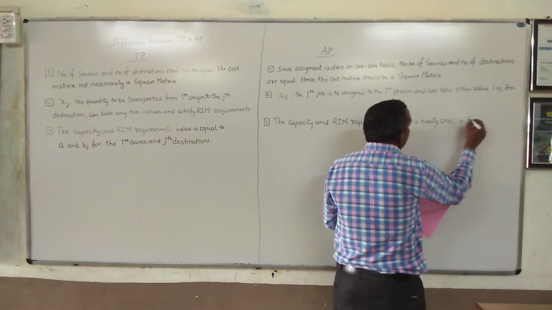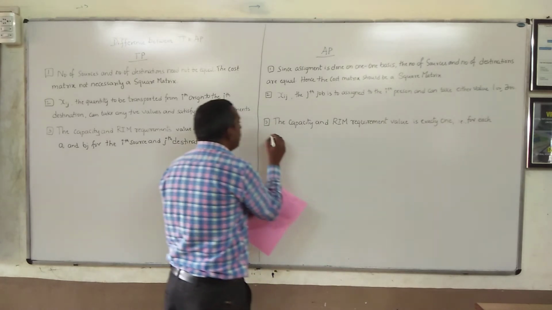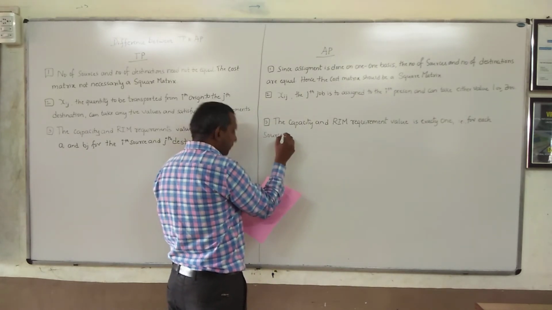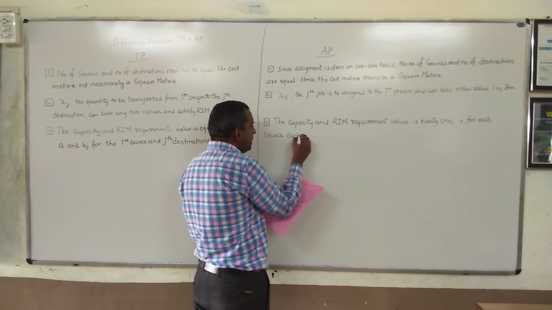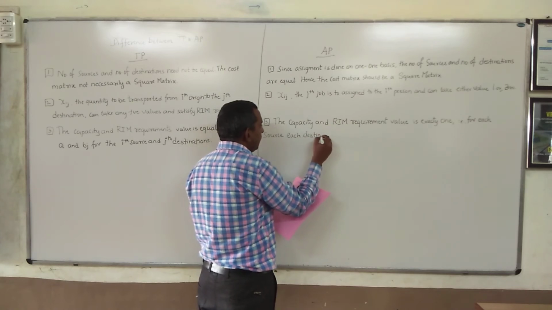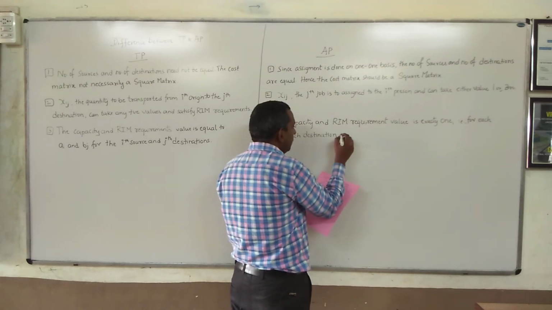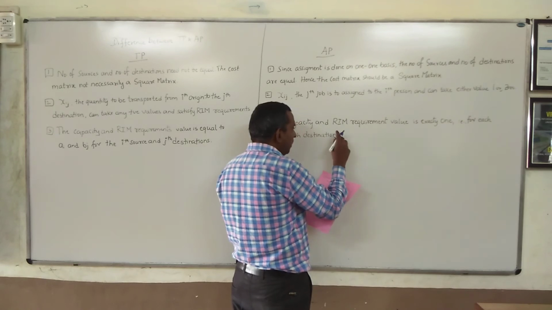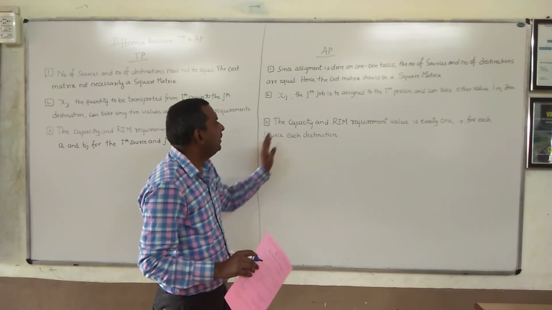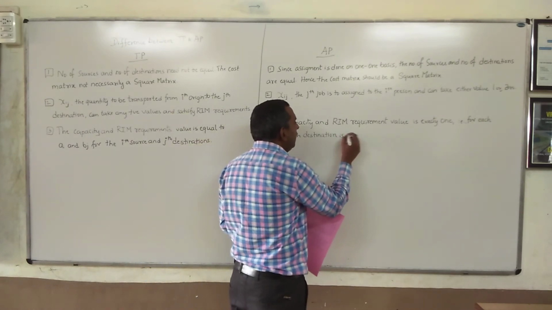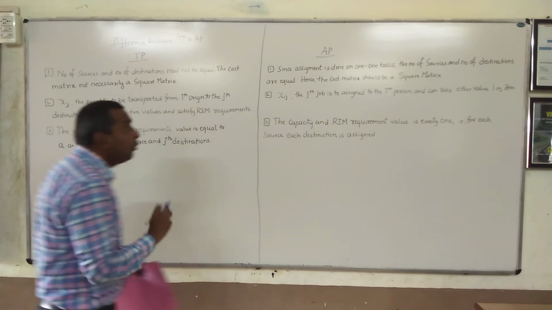That is, for each source, each destination, there is exactly 1, that is for each source each destination is assigned. Fine. So 1-to-1 basis.